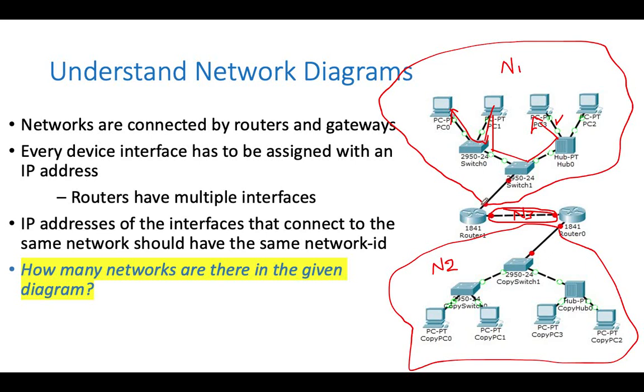When we talk about the gateway interface, it means that if we want to communicate outside, this is my network, for example Epic College in Sydney CBD, and you want to communicate with Epic College in Central.